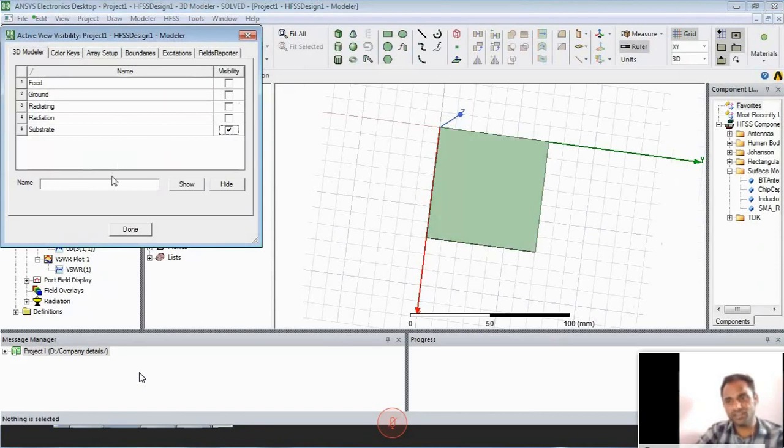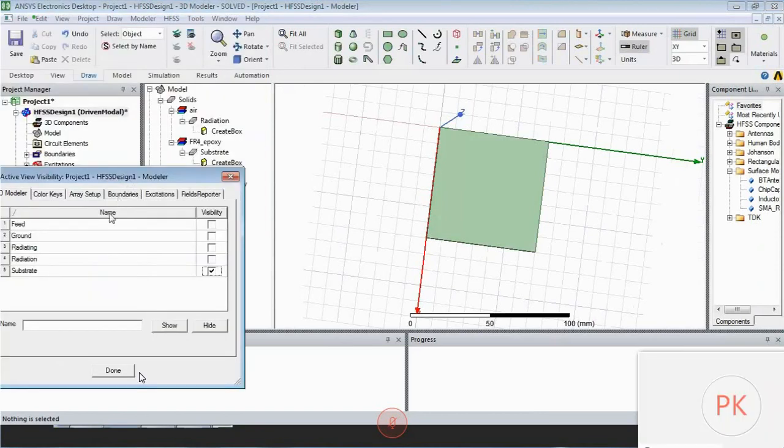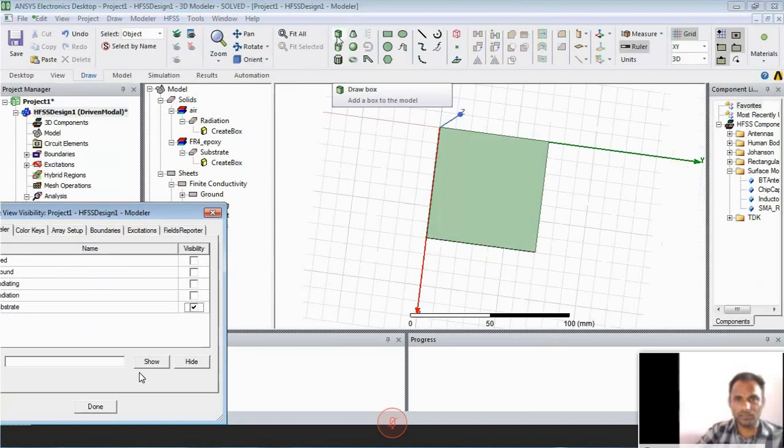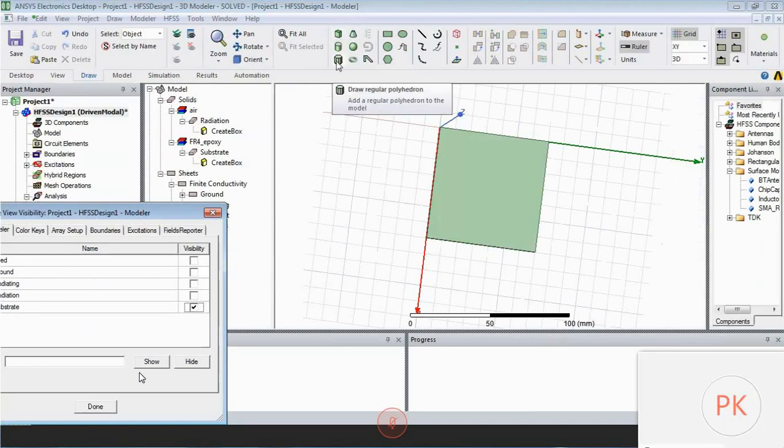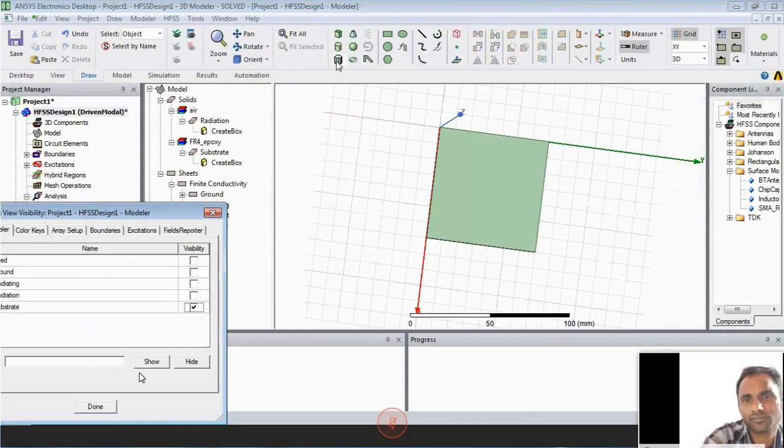We choose the substrate, so we go for a 3D box. In that box, we draw one 3D box here. Then we have to convert that box into a square box, because we are taking a square ground, to eliminate radiation emission. That's why we go for a square box.